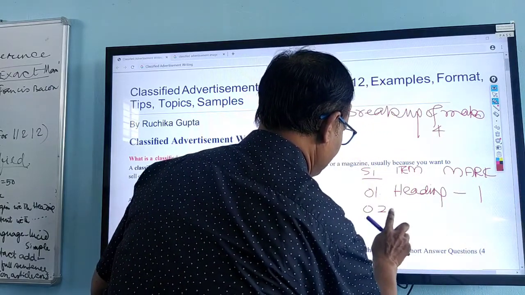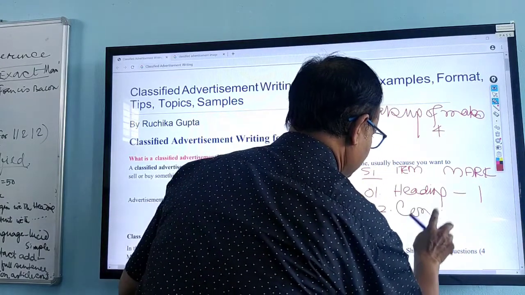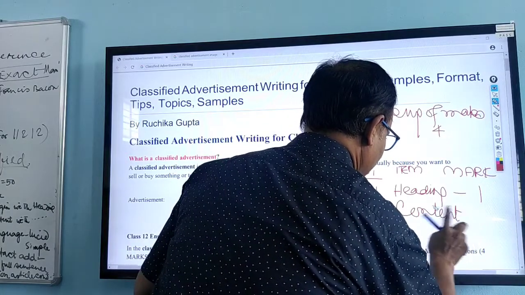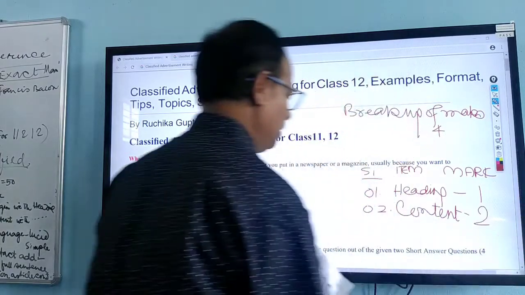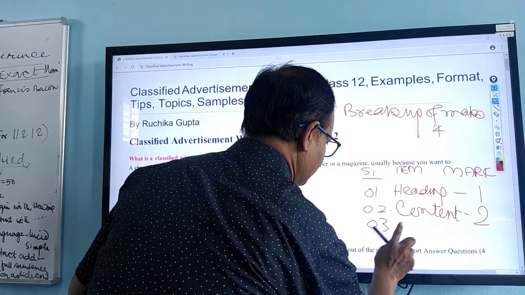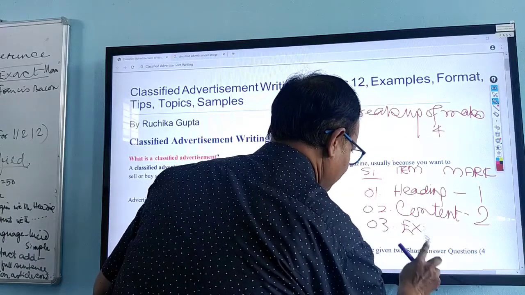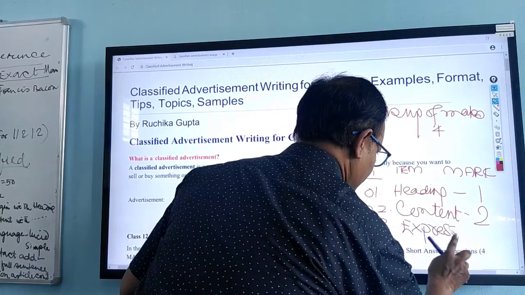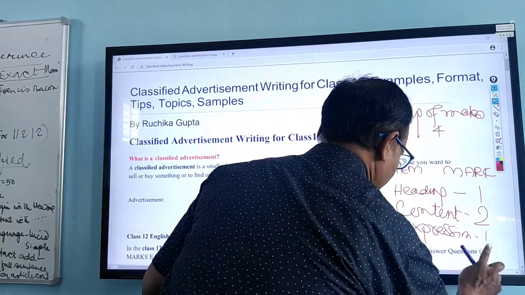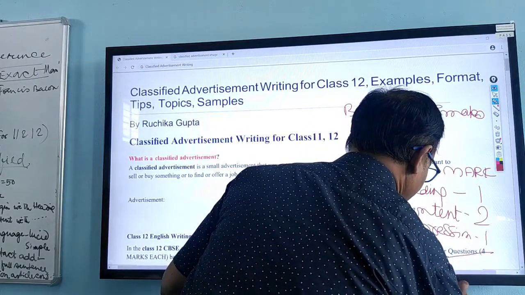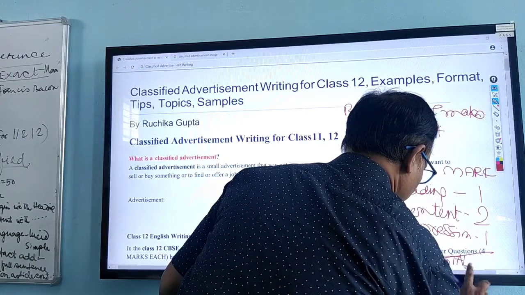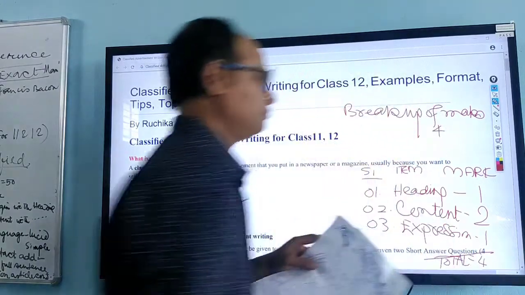Then there will be content, and for content there will be 2 marks. And then expression, there will be another 1 mark. In total there will be 4 marks.